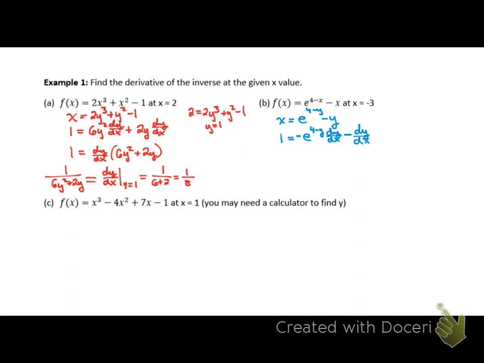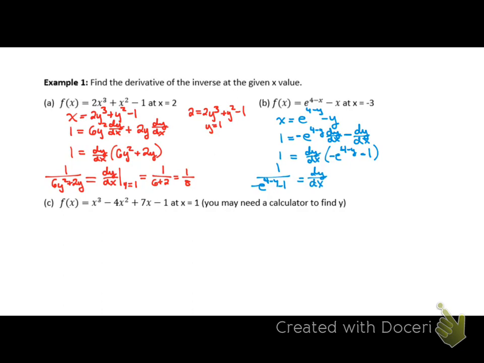Again, both terms end up with dy dx in them, and that's normally going to happen. So we take it out. And dy dx equals 1 over negative e to the 4 minus y minus 1. And so again, our job is to figure out, if x equals 3, what do we get?